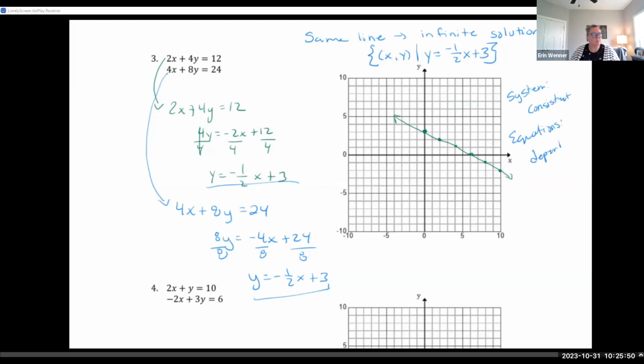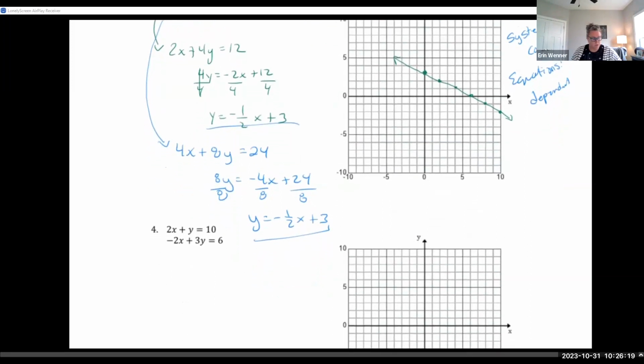And what do I mean by one's a multiple? If we look at these first two equations from the very beginning, I could have taken that first equation, 2x plus 4y equals 12, and multiplied the whole thing by 2, and I would have gotten that second equation, right? I would have gotten 4x plus 8y equals 24. So one is a multiple of the other because they're the same line, and so again, these equations are dependent of each other. All right.